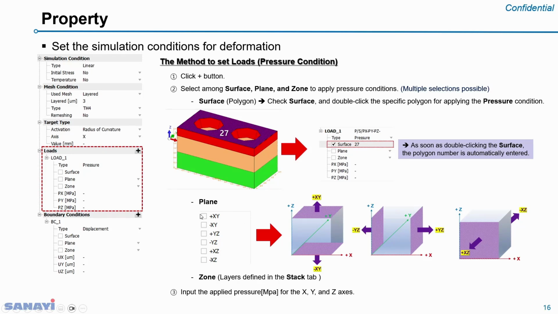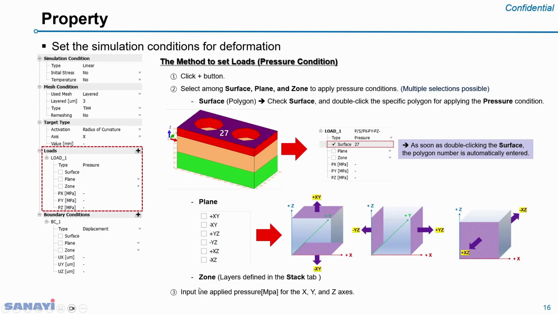Plane is used when applying pressure in these 6 plane directions: plus, minus, xy, plus, minus, yz, plus, minus, xz.